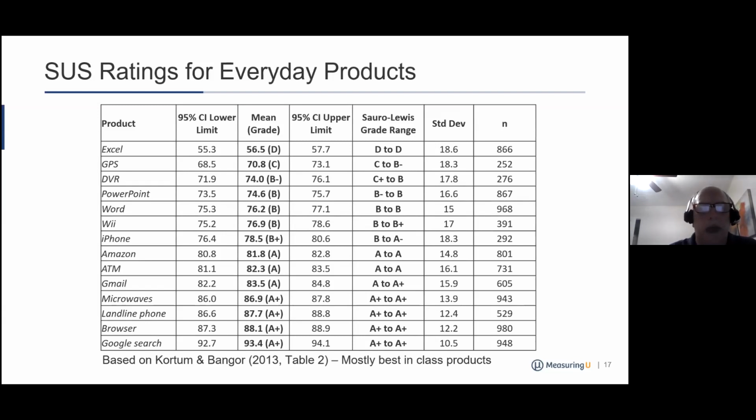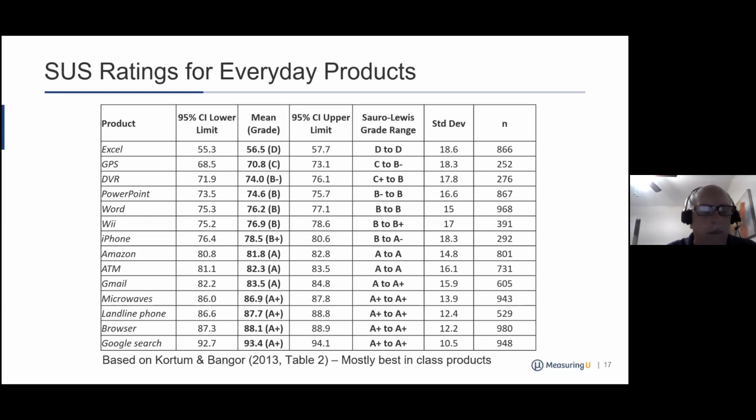You certainly expect Excel to be more difficult than, say, using an ATM or doing a Google search. So the interpretation here is that if you're working in one of these areas that's more extreme, then you probably need to set your bar higher than you would.